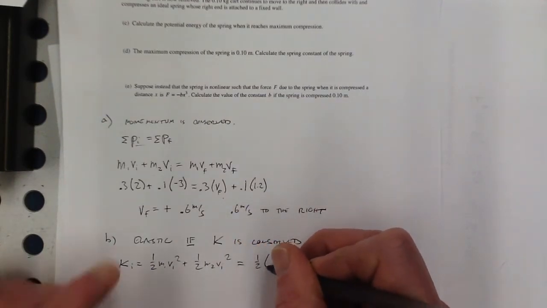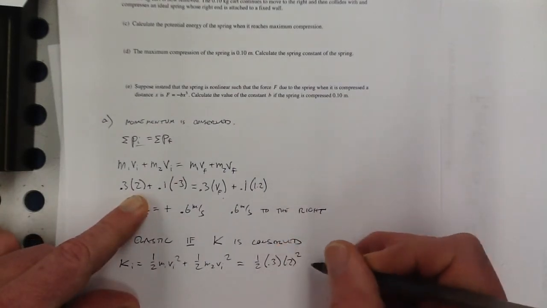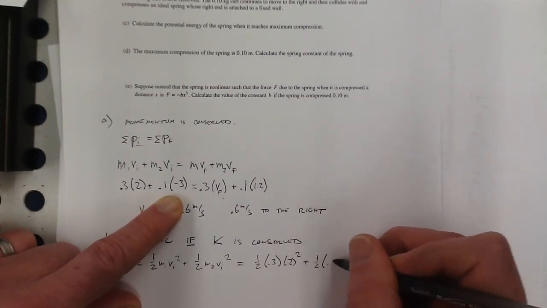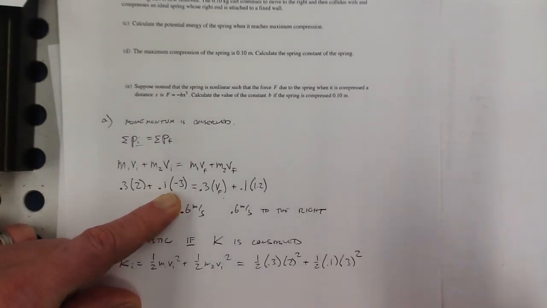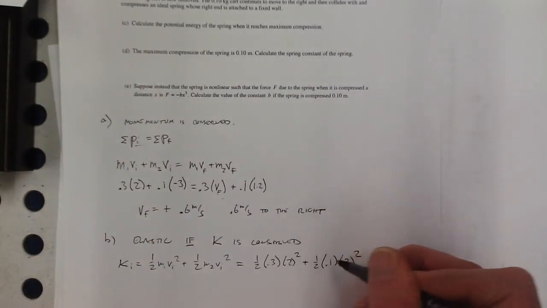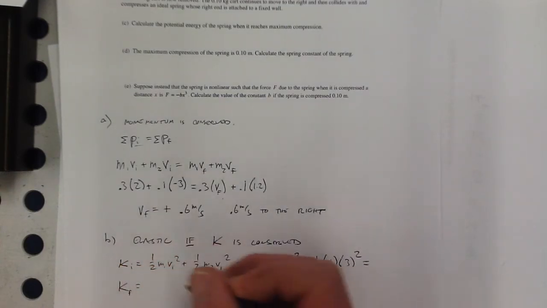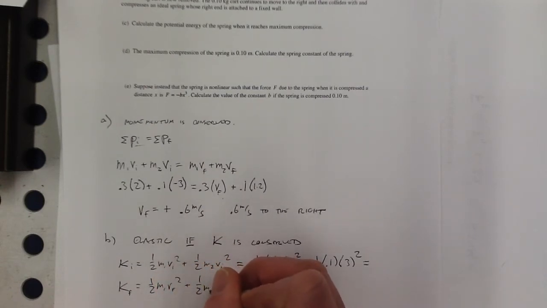You can put the negative in there, but it doesn't matter because it's going to get squared. And then the final would be 1/2 m1 v final squared plus 1/2 m2 v final squared.